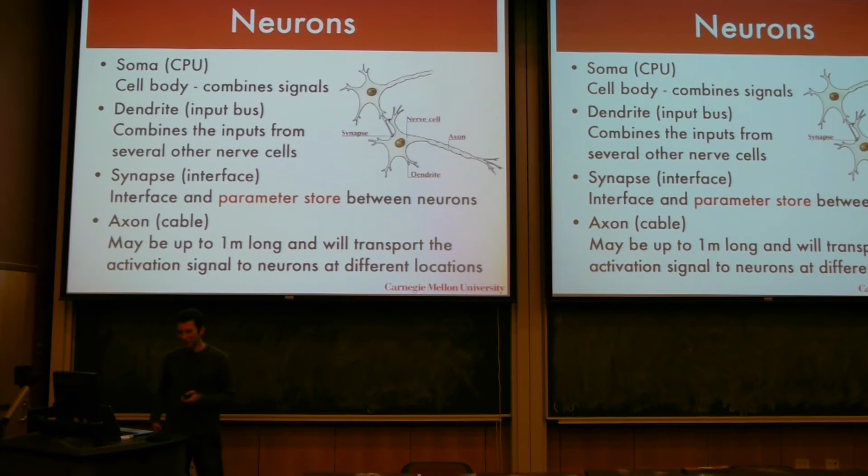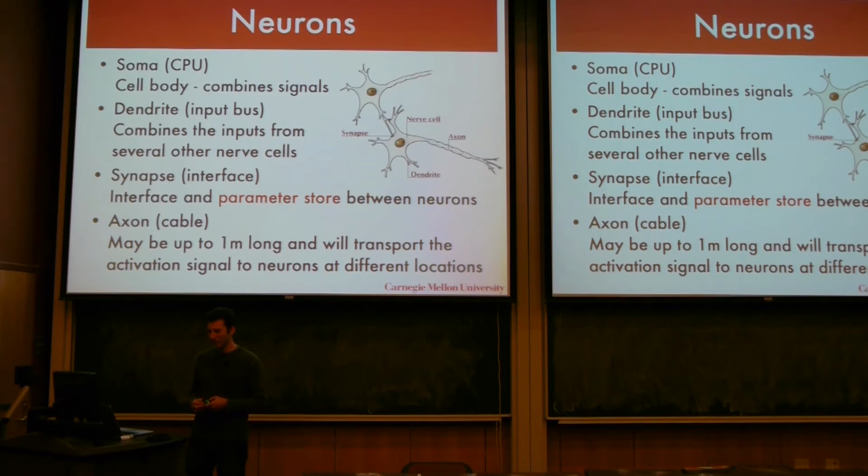So, how do neurons work? The obvious thing is the cell body, the soma. It's useful if you know those words, or you can express the biology part. The cell body combines all the signals it receives.